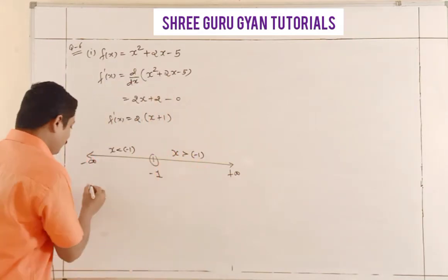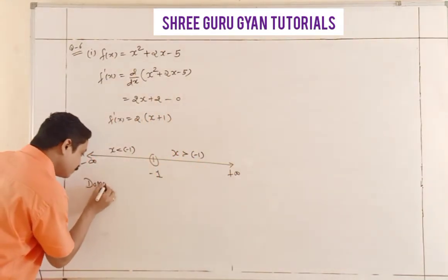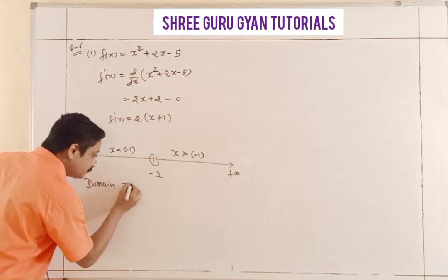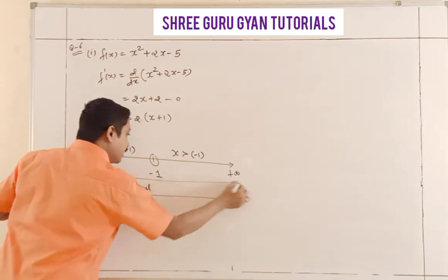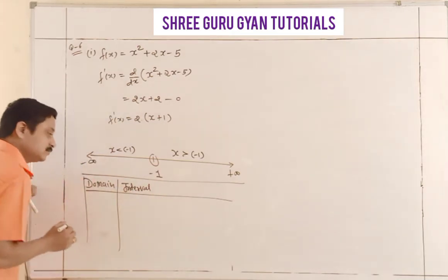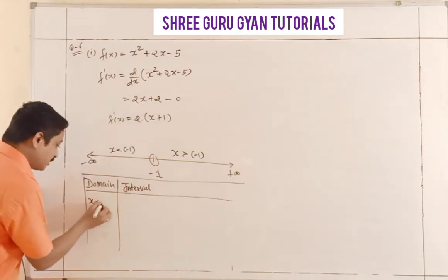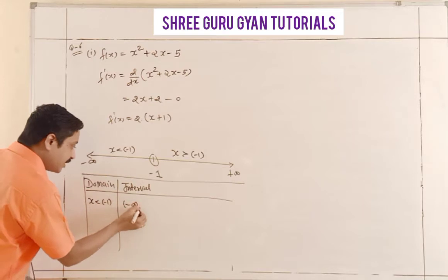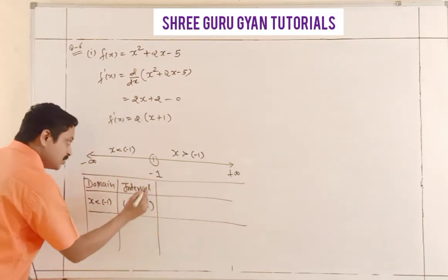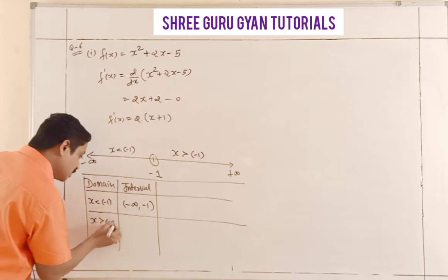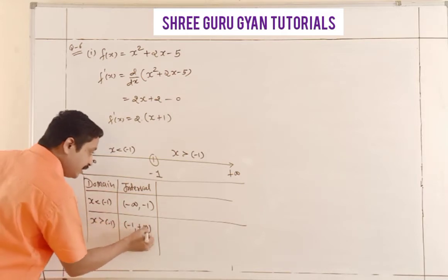So my first answer starts in the domain, interval, and after that the solution. First domain is x less than minus 1, interval ready. Similarly, second domain x more than minus 1, interval also ready, minus 1 to plus infinity.